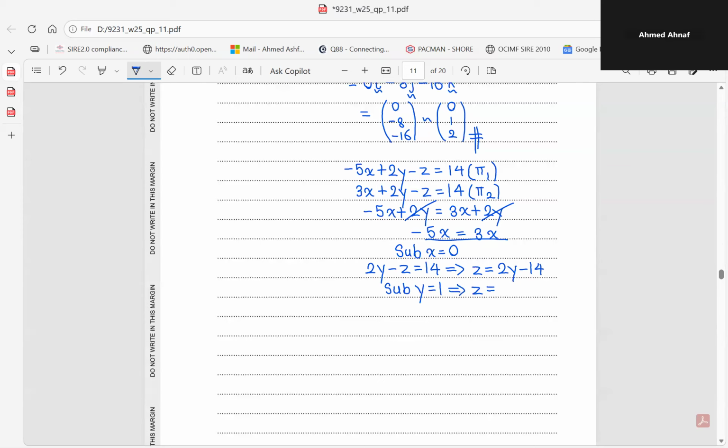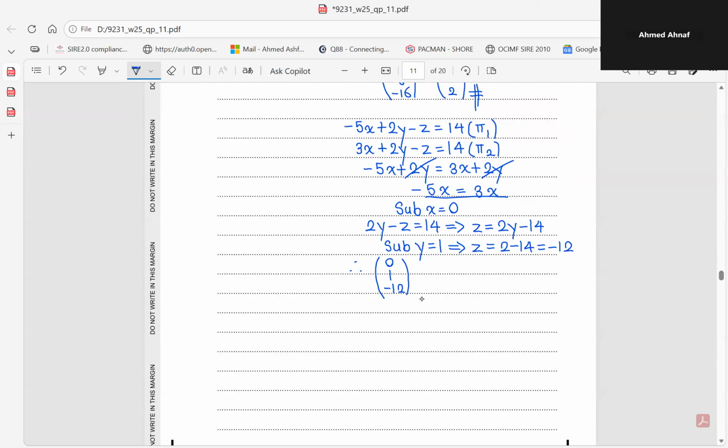Then z you would get 2 minus 14, which is minus 12. And therefore, a common point that you can get is 0, 1, negative 12. If you substitute it in the other equation, you also get that. So this is one common point.